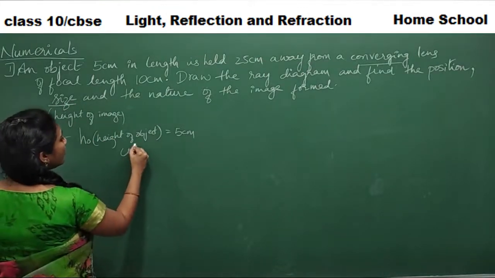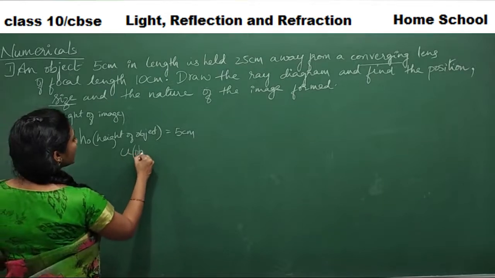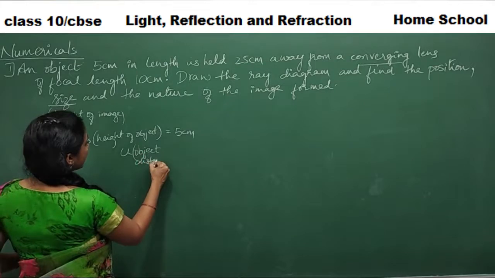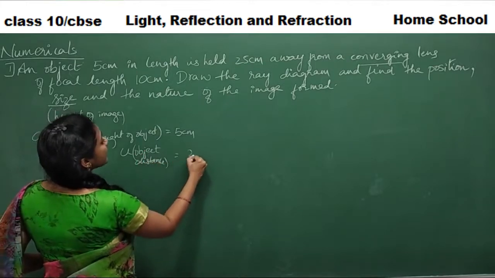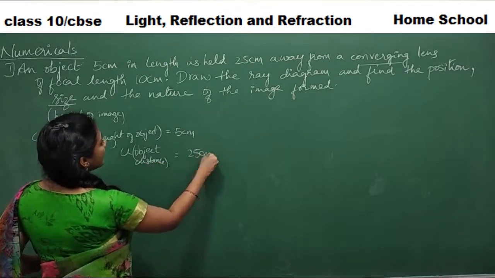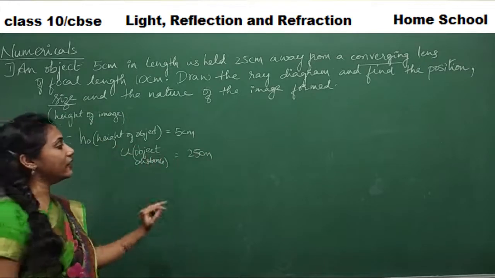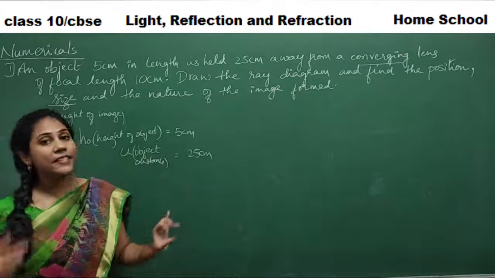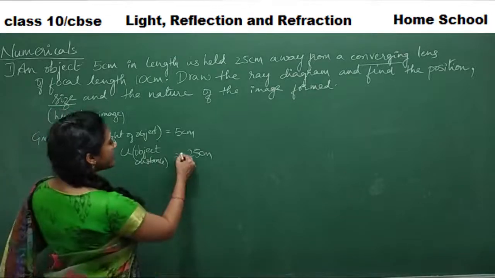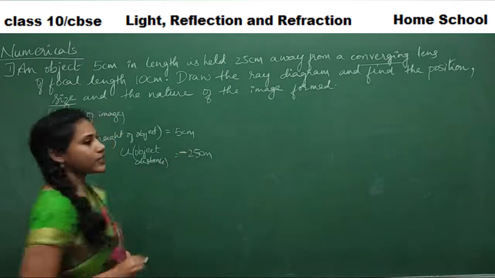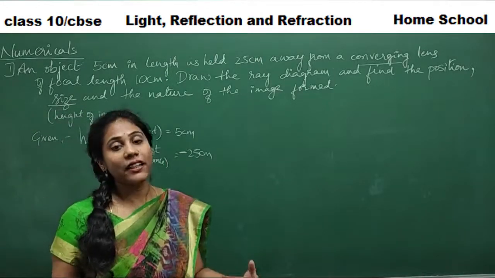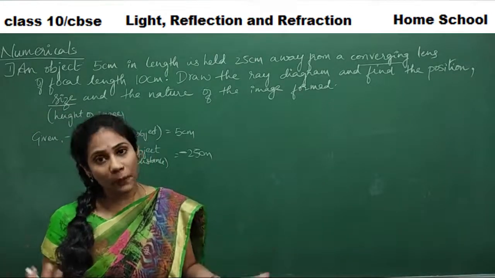So, what else is given here? U value. What do you mean by U? U is nothing but the object distance, given as 25 centimeter. Careful with the sign. What sign can you give for object distance? Object distance is always given with a negative sign, because in the sign convention we have studied what sign to be given for what measurement.